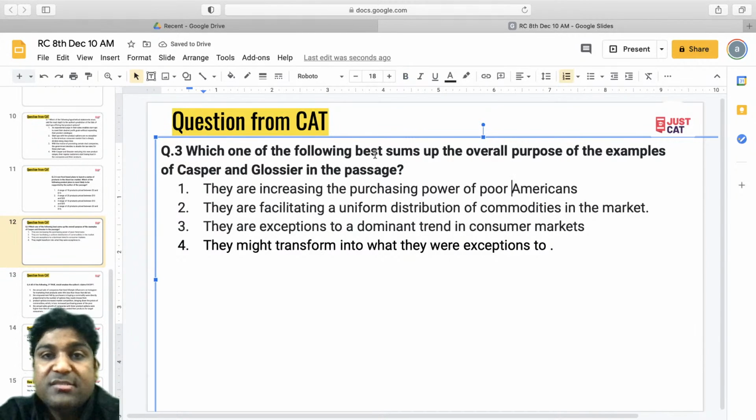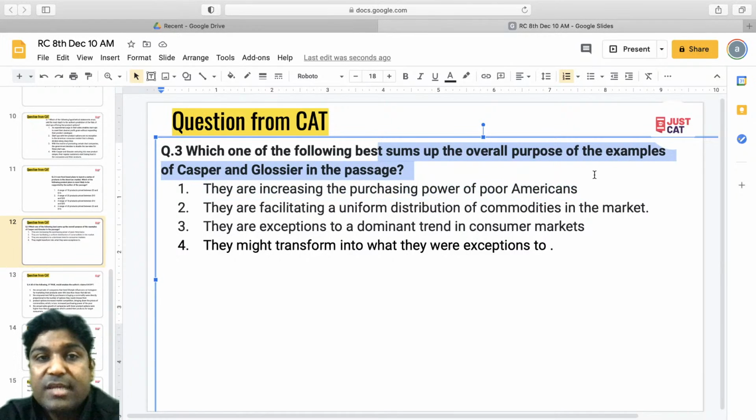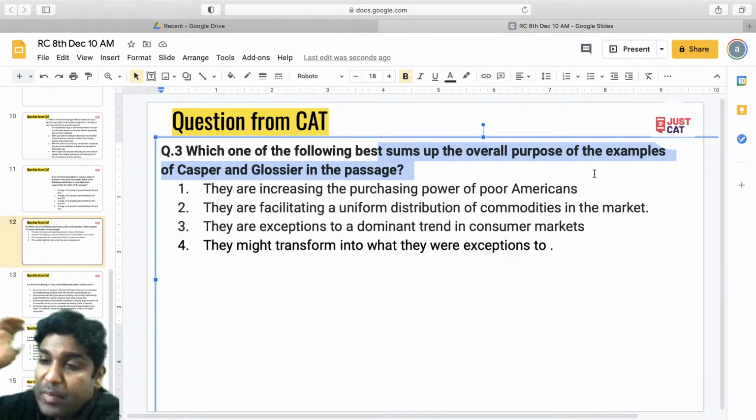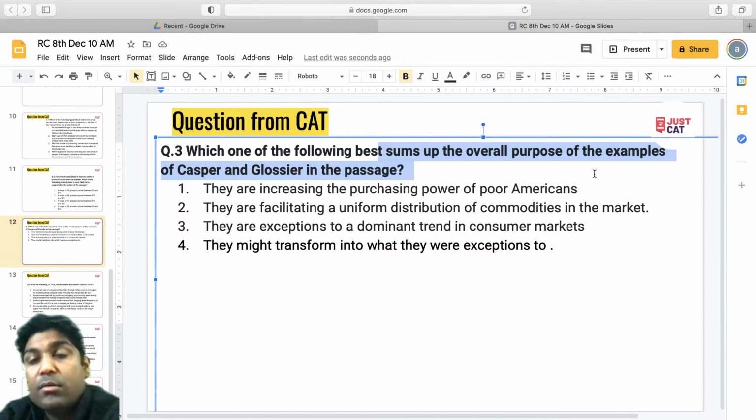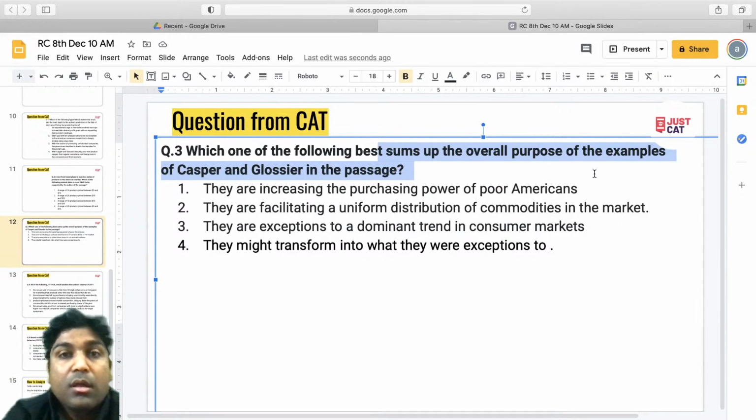Which of the following best sums up the overall purpose of the examples of Casper and Glossier in the passage? Where was the example of Casper and Glossier given? In the last paragraph, remember?